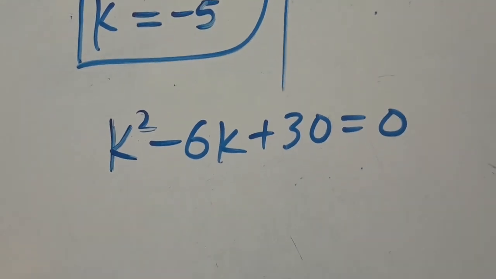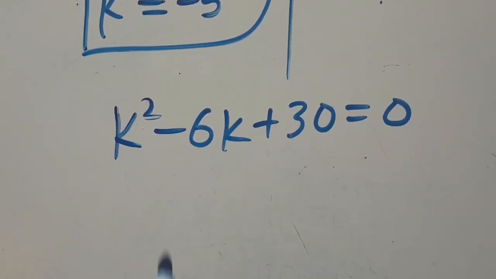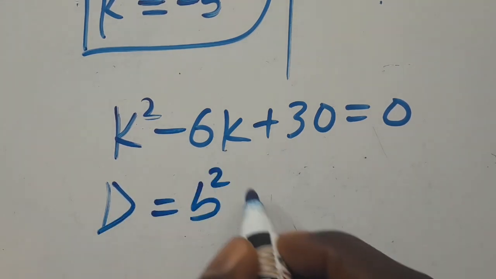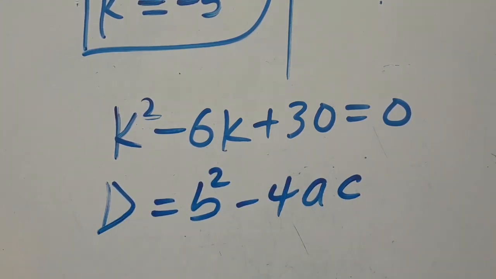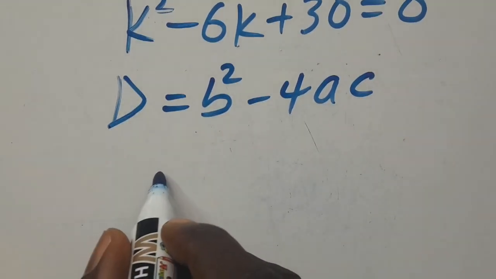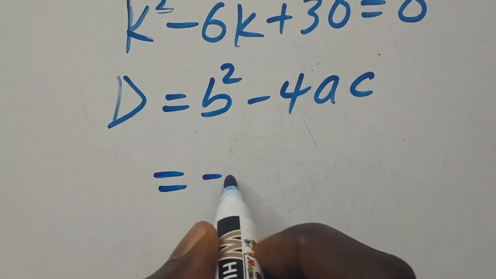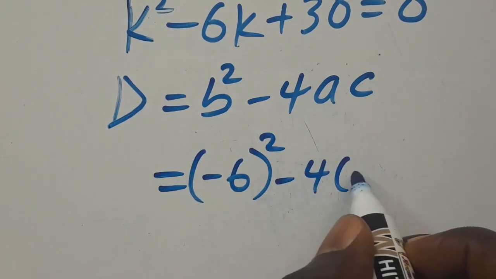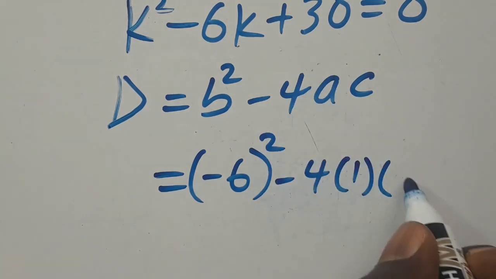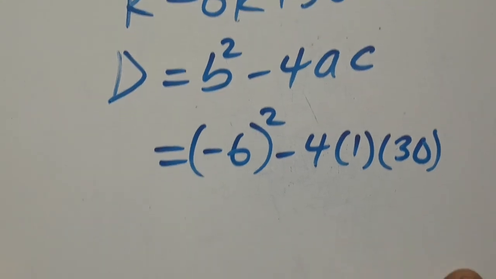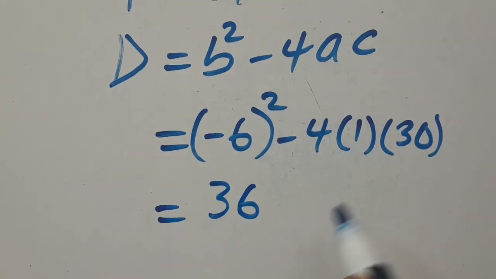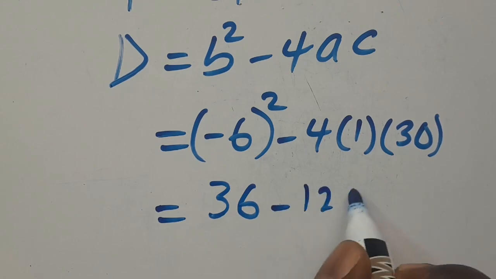Then from here, let us test whether we are going to get the real solution or complex. Let's recall d equals b squared minus 4ac. Then we have our b to be equals minus 6, all in bracket, to the power of 2 minus 4 multiplied by a is 1 multiplied by c is 30. Then from here we have 36. 4 times this, we have it to be minus 120.